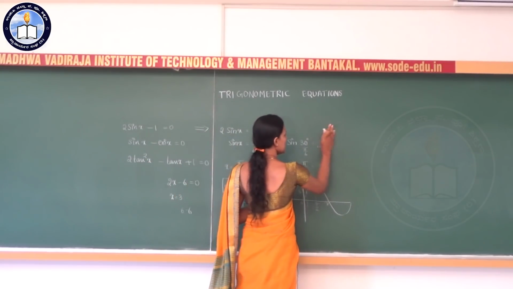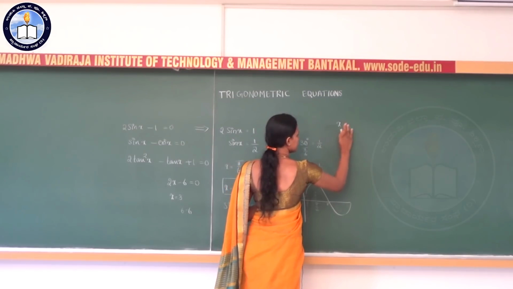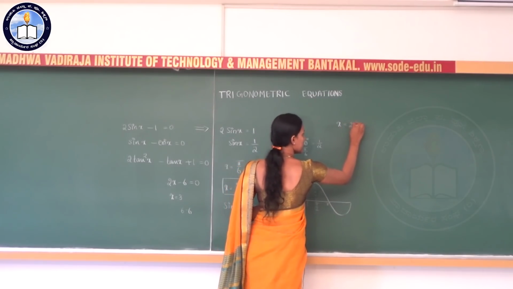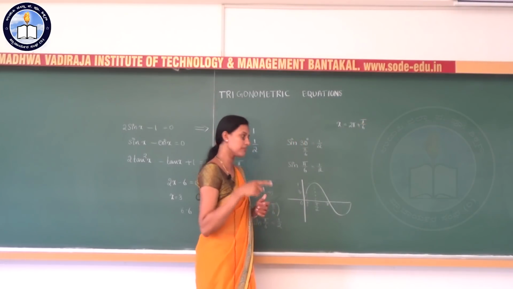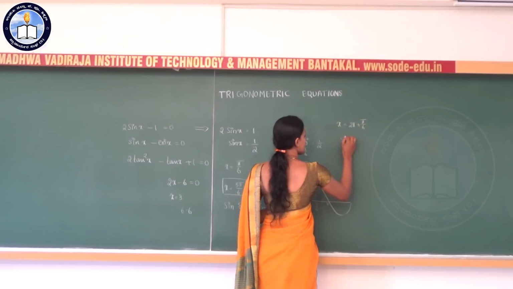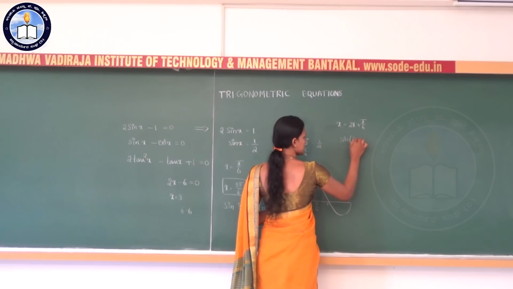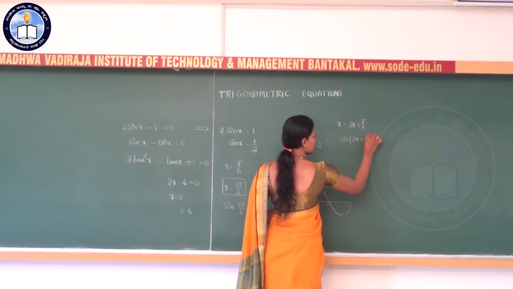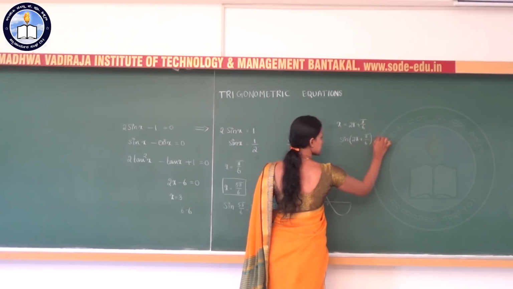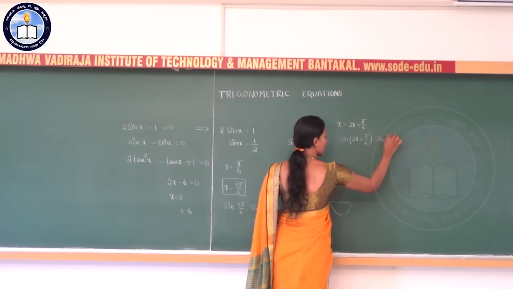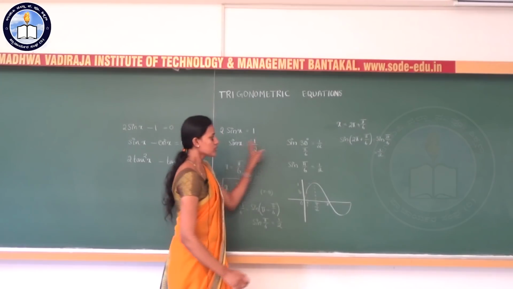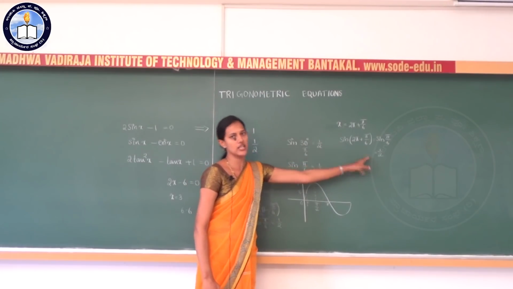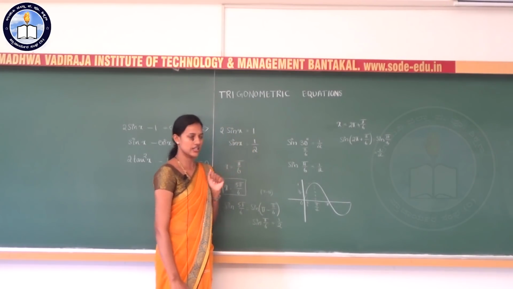So, if the angle is 2 pi plus pi by 6, 2 pi in the sense one complete revolution, then sine of x, that is sine of 2 pi plus pi by 6, will be the same as sine of pi by 6, that is half. So, when x is equal to 2 pi plus pi by 6, the equation is satisfied.